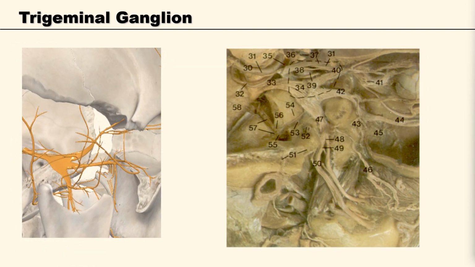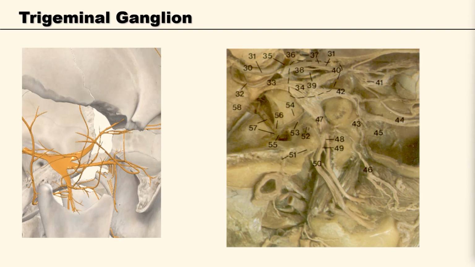To the bottom left, you can see the external ear canal. Towards the very bottom of the picture, you can see the ramus of the mandible, which has been cut away so you can see the structures that would normally be running inside the mandible, as well as into the infratemporal fossa. Large parts of the cranium have been removed so that you can see into the middle and posterior cranial fossa.